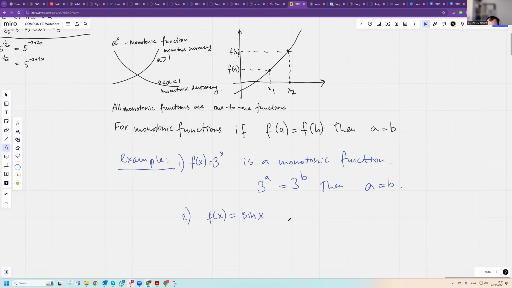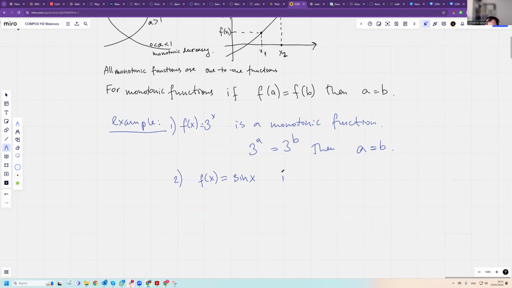Sine x is not a monotonic function. So that means if sine a equals sine b, then this does not mean a equals b.